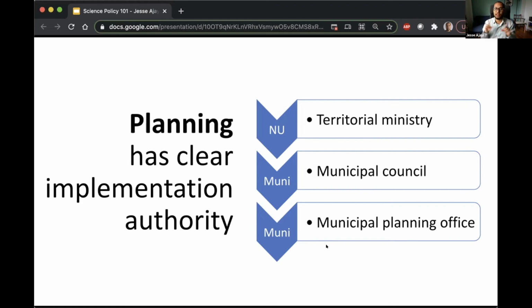But the first review, and the key decision maker, is the municipal councils. They can delegate some authority to their municipal planning or development officers, but they're municipal staff. So you have a clear sense that the municipalities themselves are responsible for decision making in terms of what gets built.